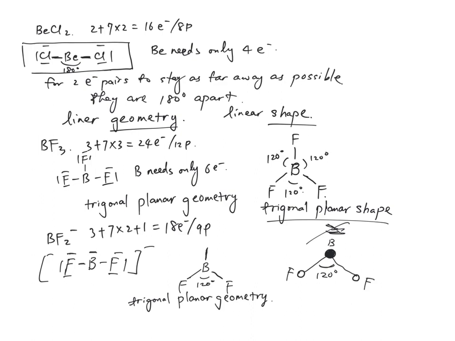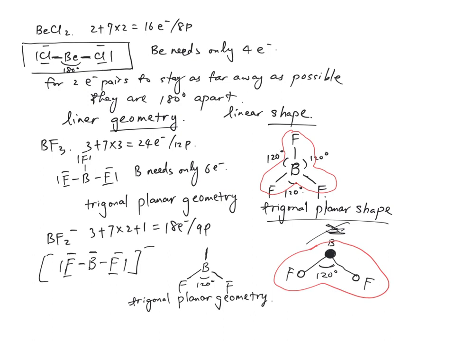But now, if this is what you can see, does that look the same shape-wise as BF3? BF3 looks like this, and it's a symmetrical structure, 3 different symmetry axes.